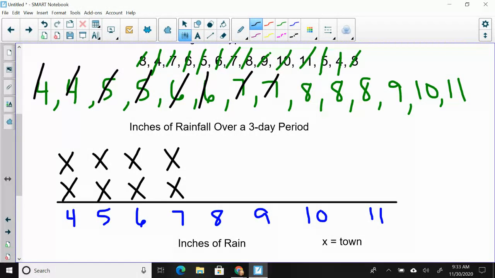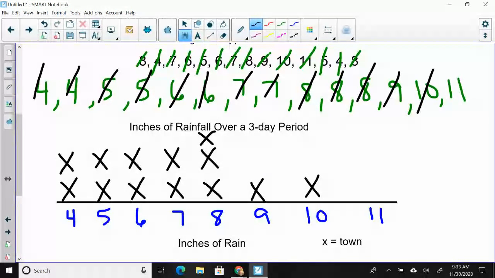How many towns had 8 inches of rain? 3. 3 towns had 8 inches of rain. So we need 1, 2, 3 X's for that one. How many towns had 9? 1. How many towns had 10? 1. And how many towns had 11? 1.